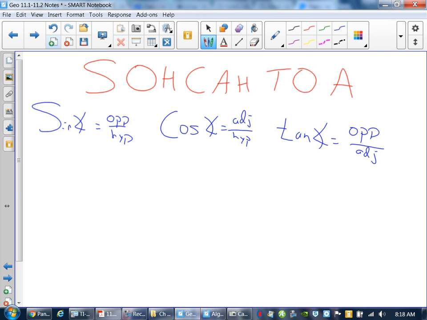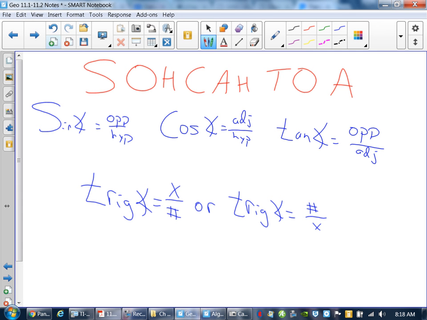And we wrote it like this: trig angle is x over number, or trig angle is number over x.